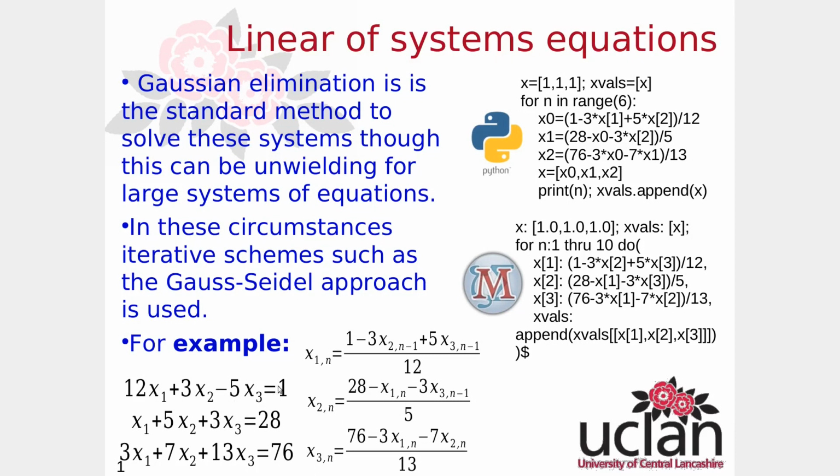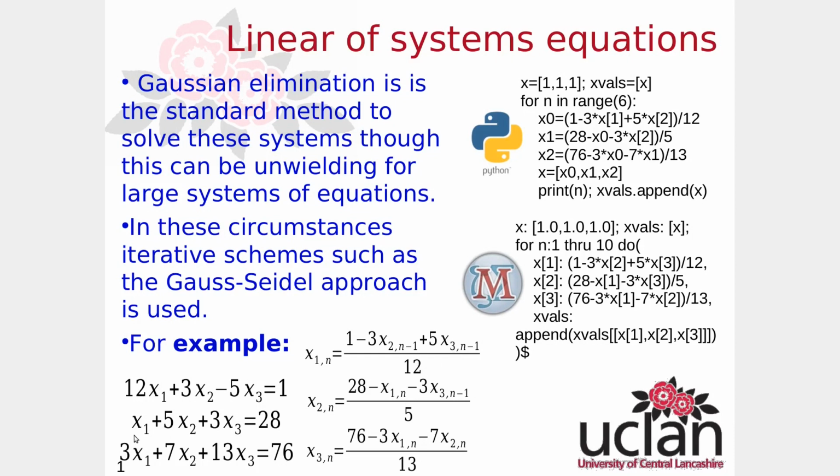So in this particular example, we take the 3x2 across and it becomes negative, the 5x3 across becomes positive, and then we'd say x1 of n equals x2 of n minus 1, whatever the initial guess was, x3 of n minus 1.